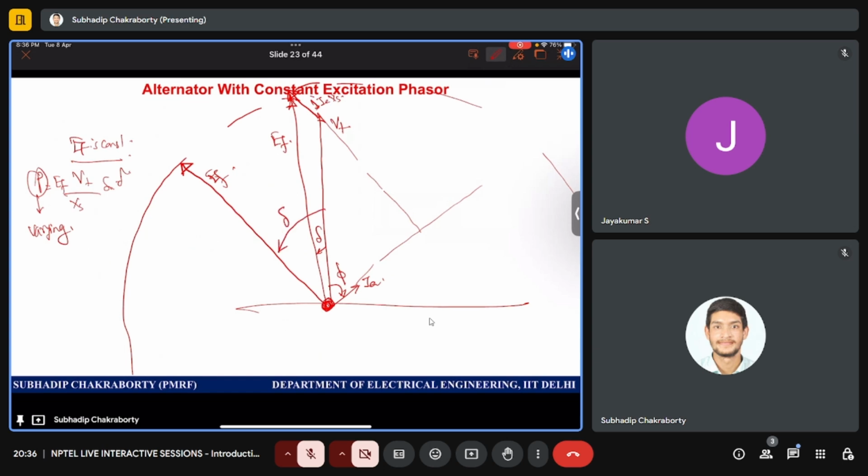Can you draw what will be IA? New IA. So for that, you need to join the tip of VT and EF. And so this should be VT plus jIA XS. And how should IA be looking? So IA should be 90 degrees to it.